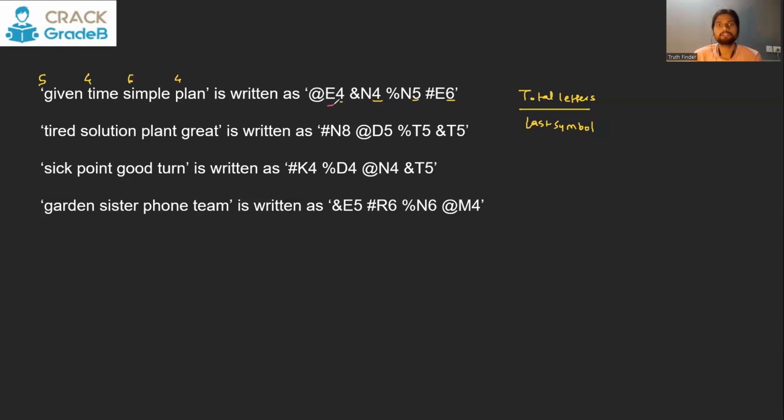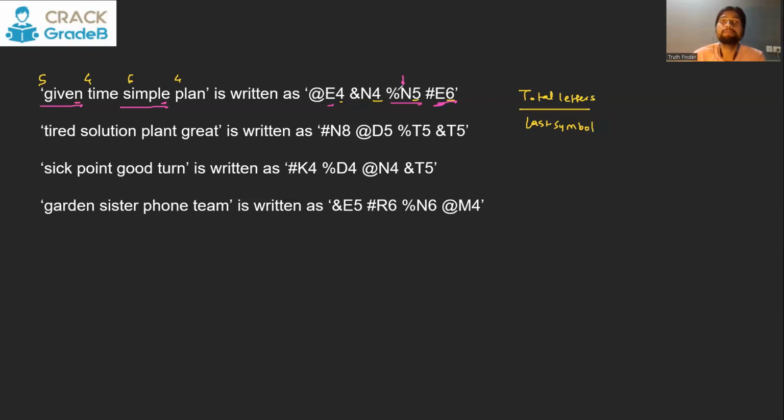Now what about the middle symbol? The 6-letter word simple ends with E and there is an A in the middle. The 5-letter word given ends with N, and this has an N in the middle.